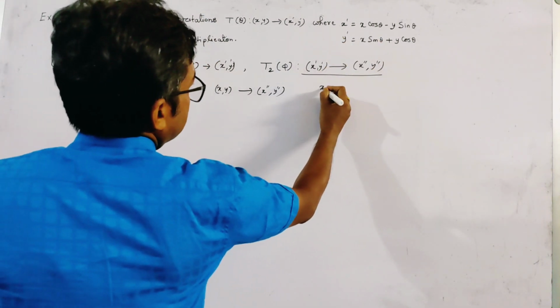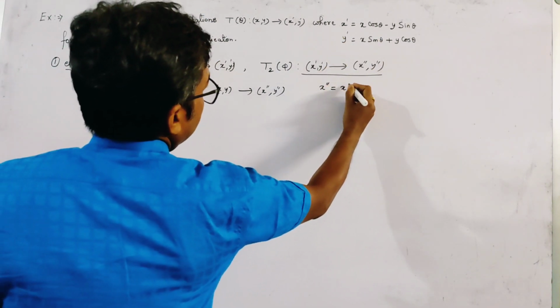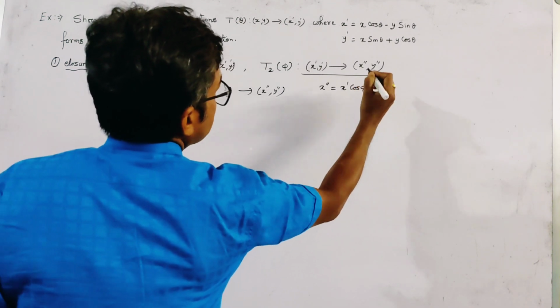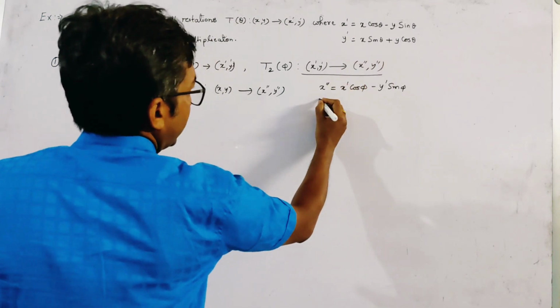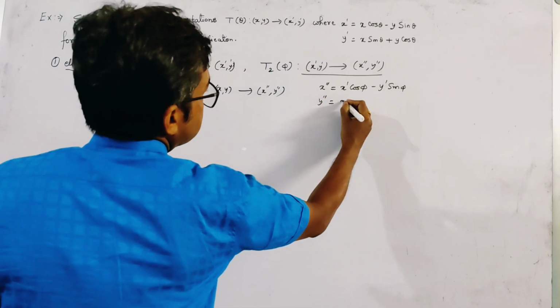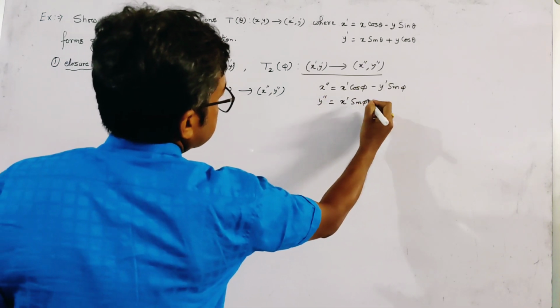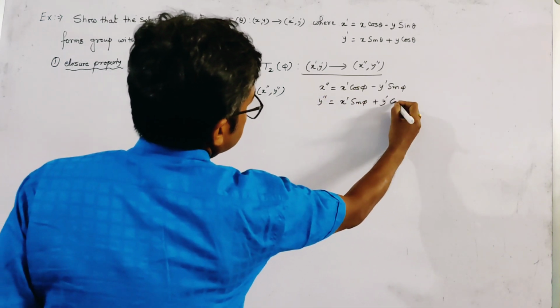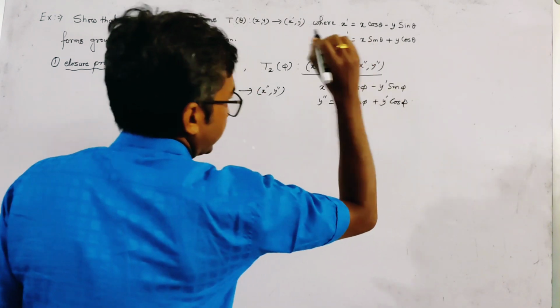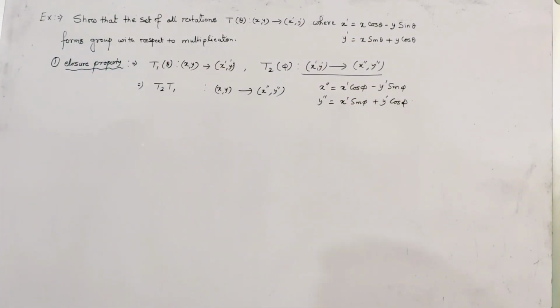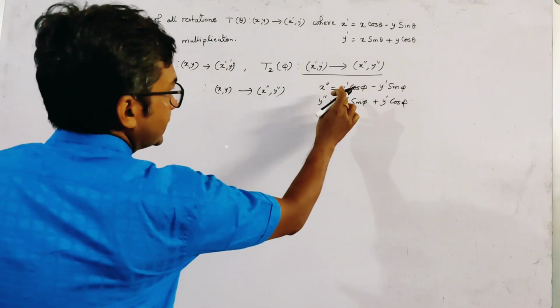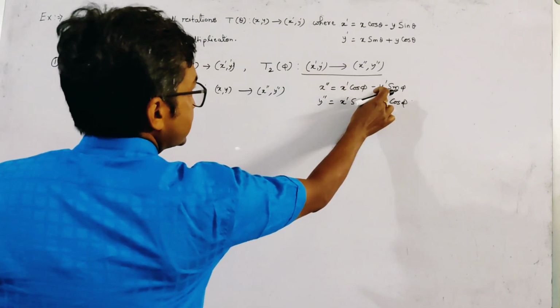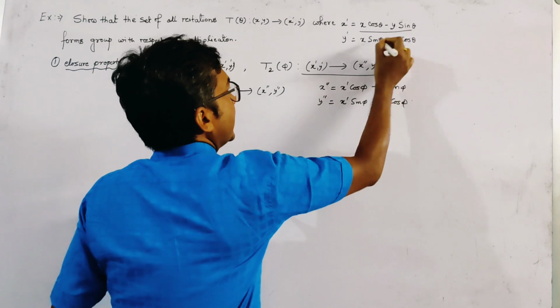Now we write the formula of x'' and y'' like this. x'' = x' cos phi - y' sin phi, and y'' = x' sin phi + y' cos phi. Now we put in x' and y'.